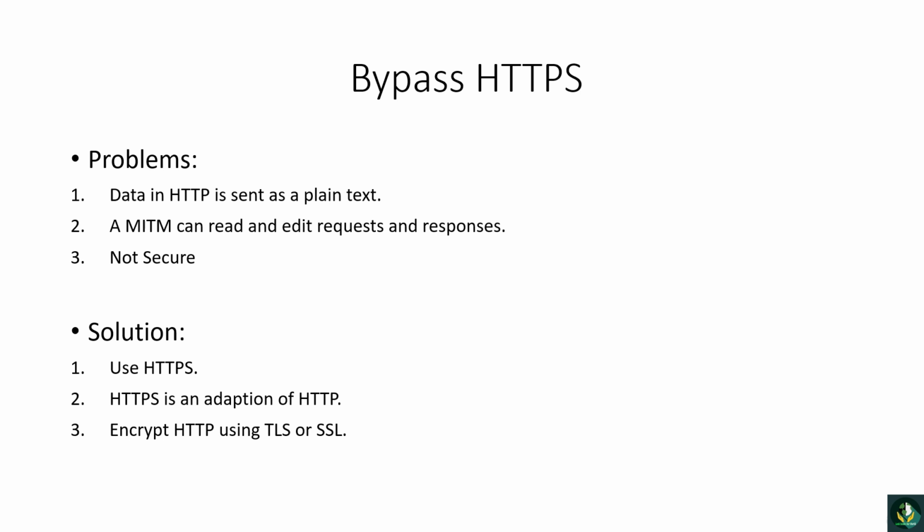So HTTP is not modified, but it adds another layer on top of HTTP, which is where the S comes from, the secure protocol, and this extra layer will encrypt the plain text data that HTTP sends. So if a person manages to become the man in the middle, they will be able to read this data, but it will be gibberish and will not be readable to the person that intercepts the connection.